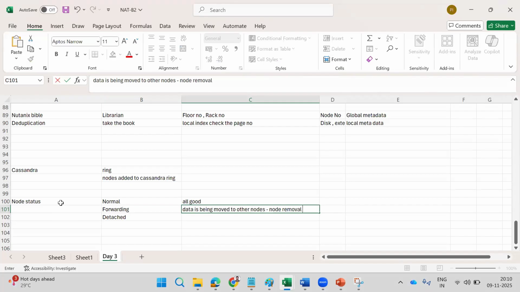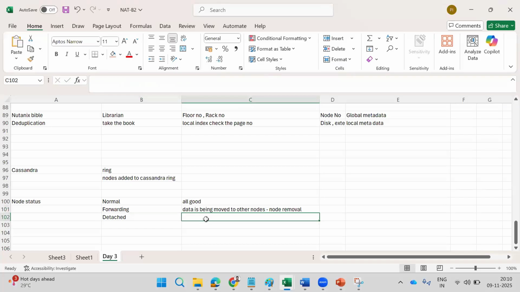If you are going to remove a node, it will have some local metadata and global metadata that needs to be migrated to the other nodes. So data will be moving from one node to another. If that is happening, you will see the ring status as forwarding. When you say detached, it could be a failure of the node.